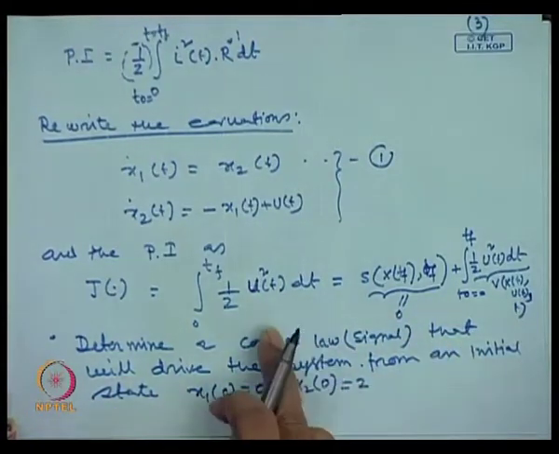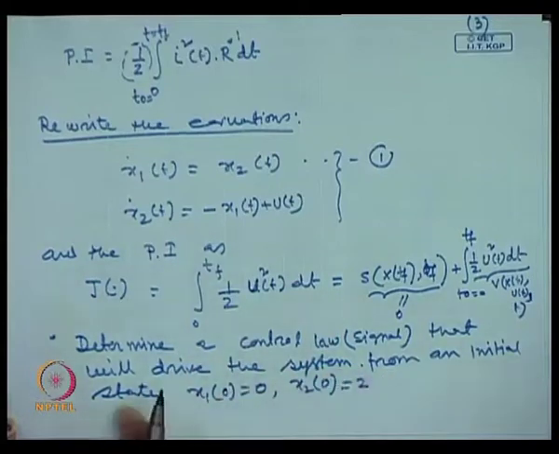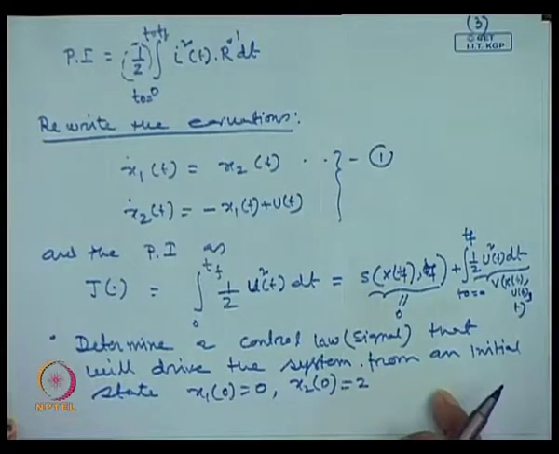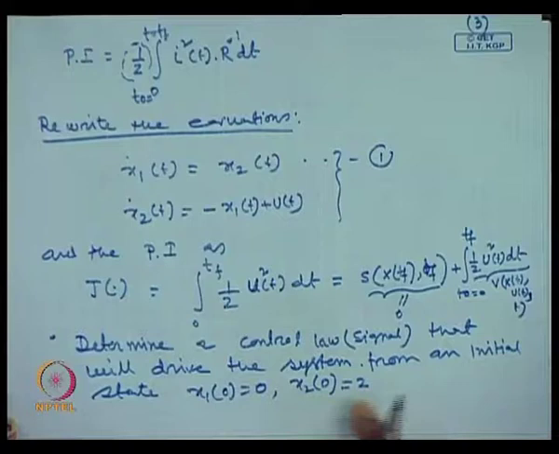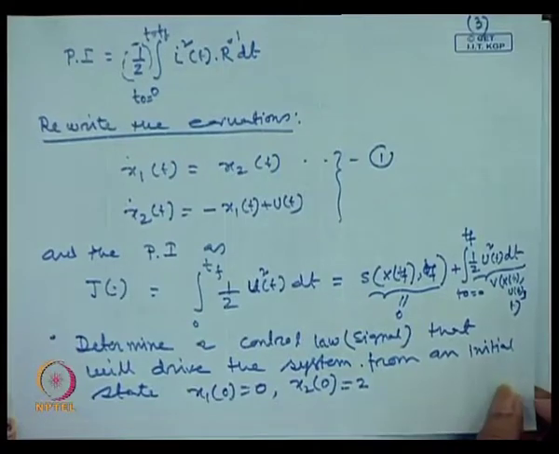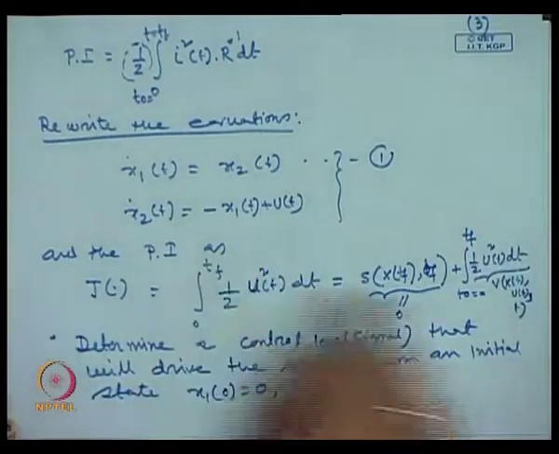So, our job is to derive a control law u such that the initial condition will come to the final state x1 of Tf and x2 of Tf equal to 0 in a finite time, as well as it will minimize this performance index. So, that is our problem.